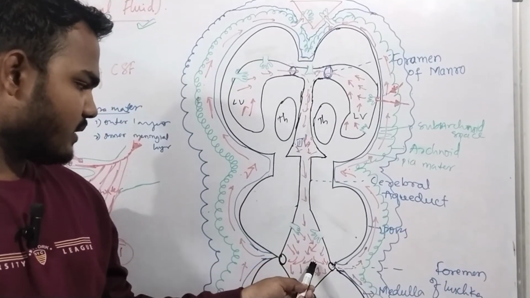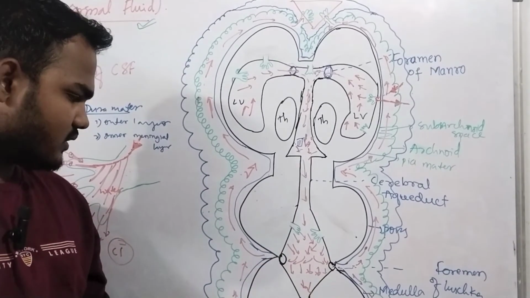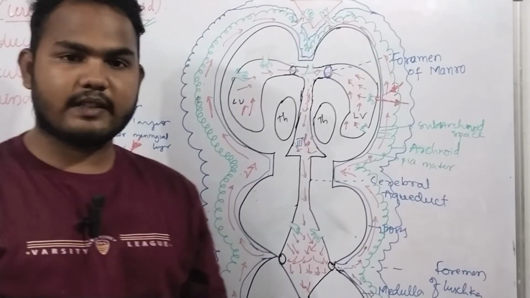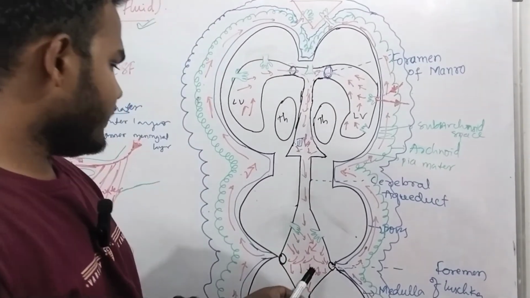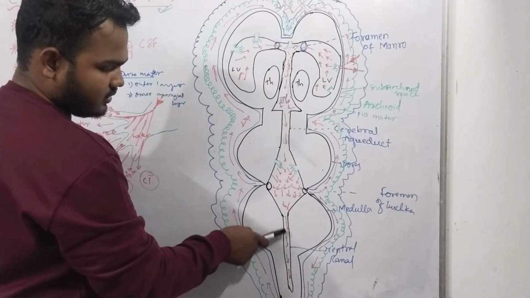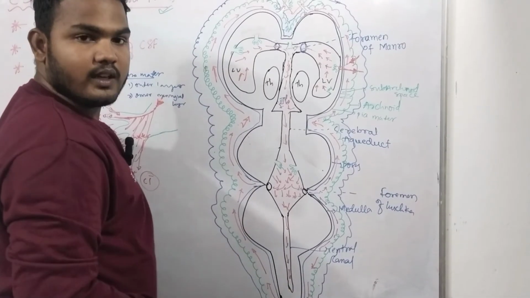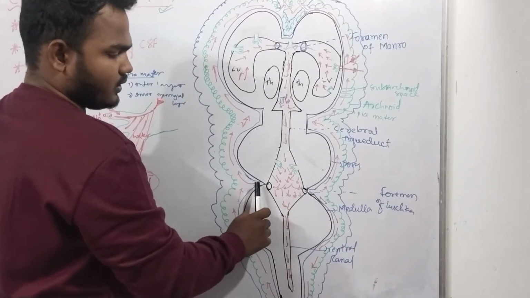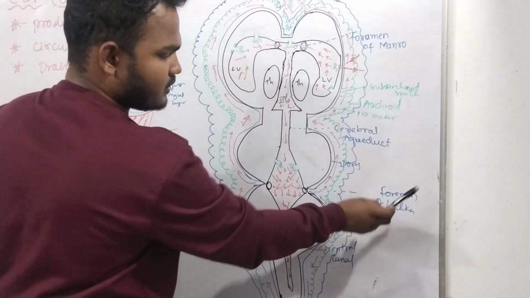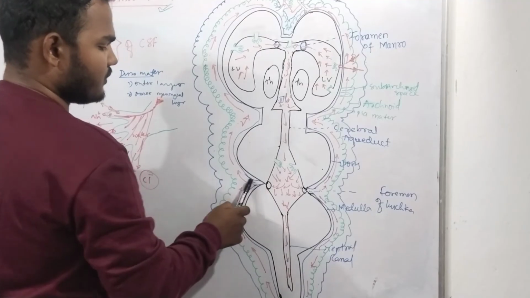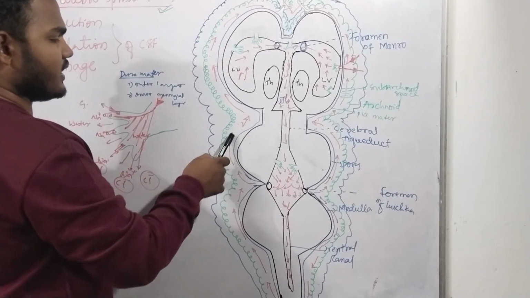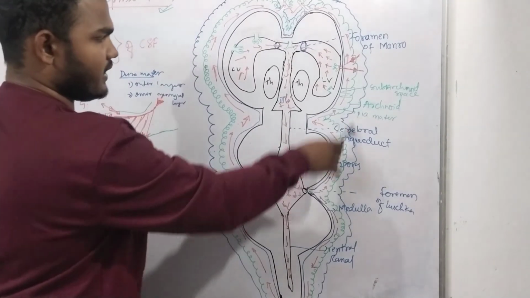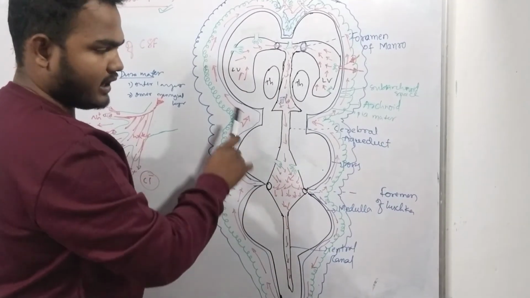Some of the CSF goes down the central canal, and from the two foramina of Luschka, the CSF is drained into the subarachnoid space of the brain and the spinal cord.